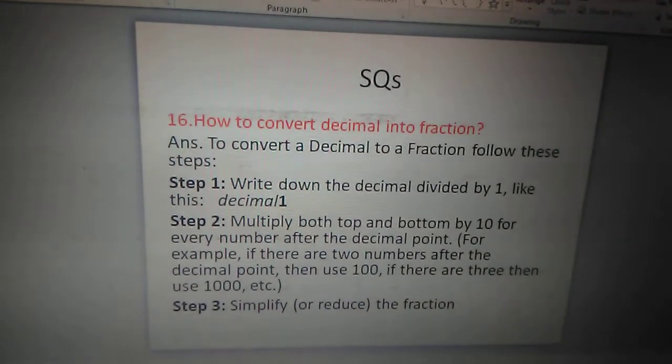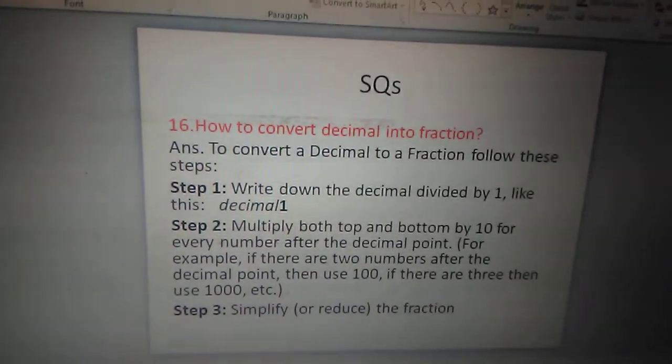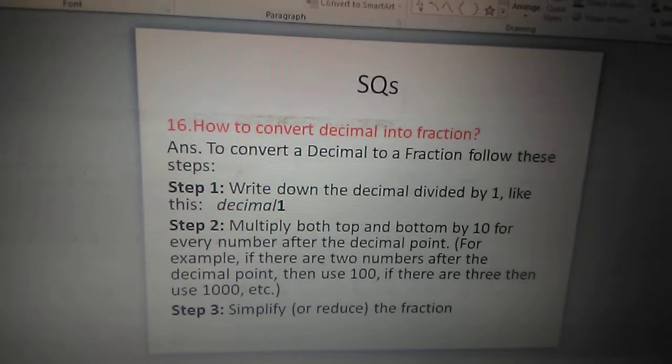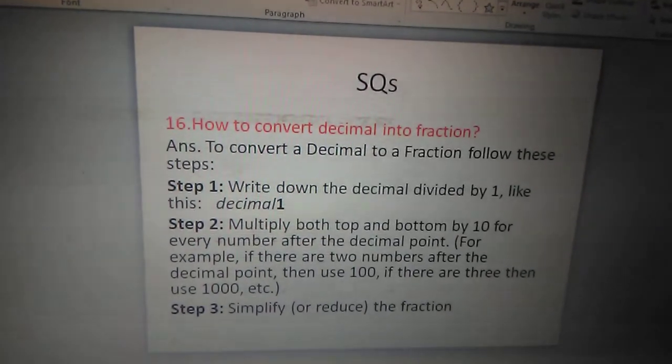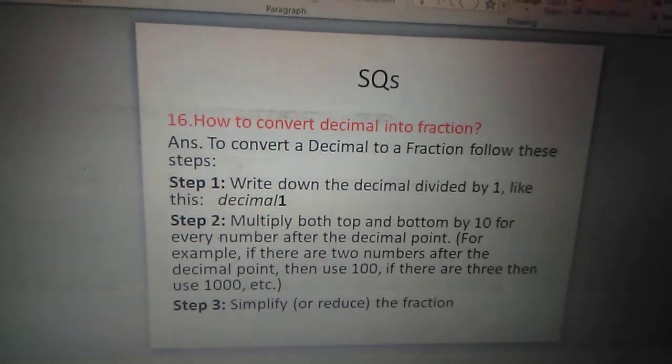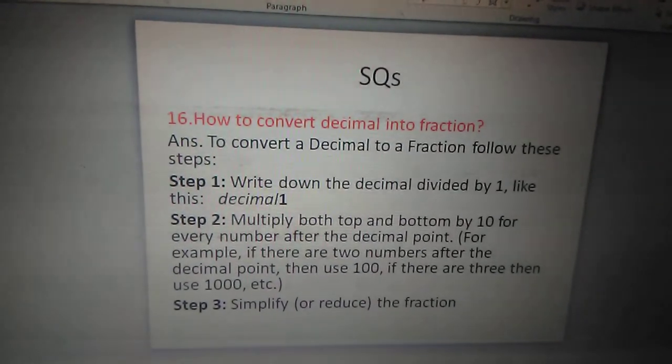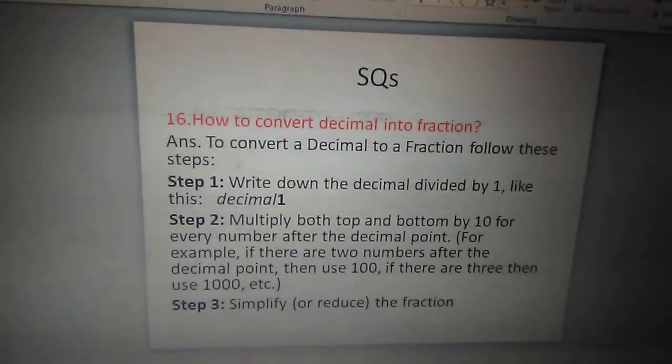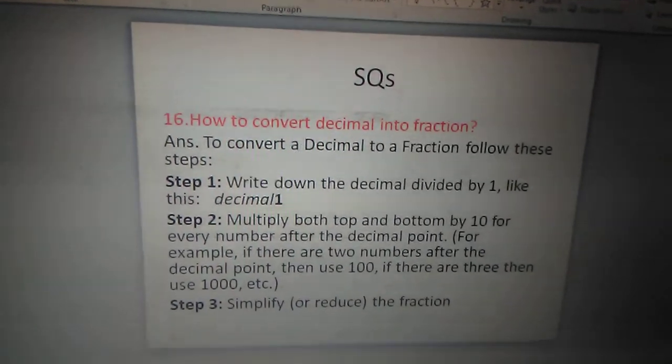If there is 1 digit, you multiply by 10. If there are 2, then 100. If there are 3, then 1000. Then you have to reduce or simplify. In that way we can convert a decimal into a fraction.